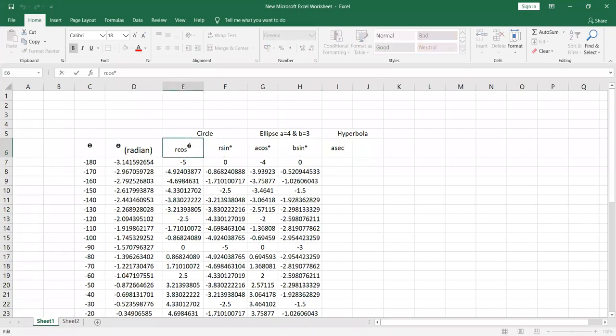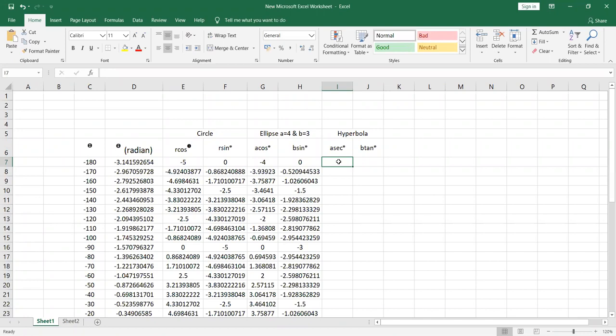Again, choose the symbol of theta from this and paste here, Control C, Control V. And along the y-axis, we have to take b tan theta. A sec theta, b tan theta.